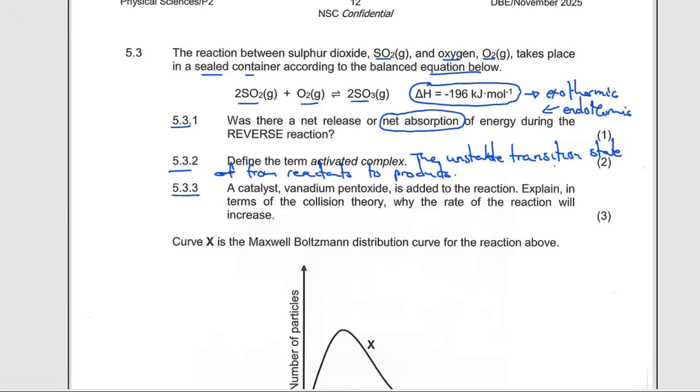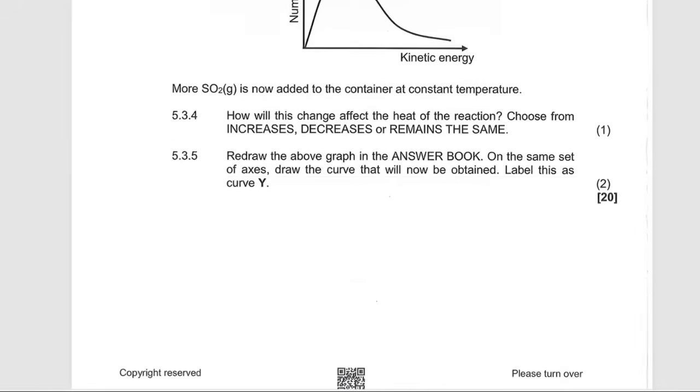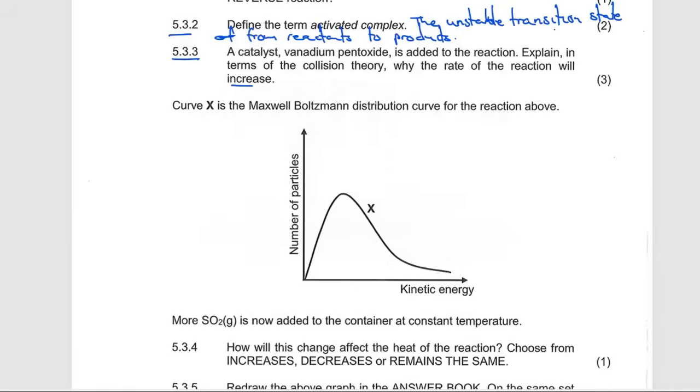Then 5.3.3 says a catalyst, which is vanadium pentoxide, is added to the reaction. Explain in terms of the collision theory why the rate of the reaction will increase. So we are asked in terms of the collision theory. Allow me to use the space at the top. I'm going to start by mentioning what the catalyst does.